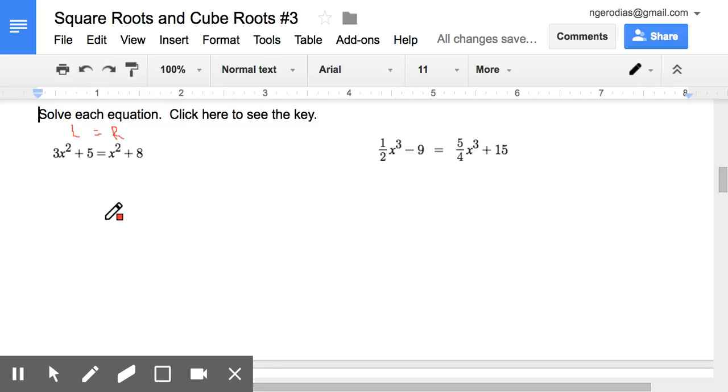And when we're solving, whatever we do to the left, we do to the right, and we want the variable to be only on one side, separated from the constant terms. These are the constant terms. 5 is a constant term, 8 is a constant term. So we want the x squared separated from the constants.